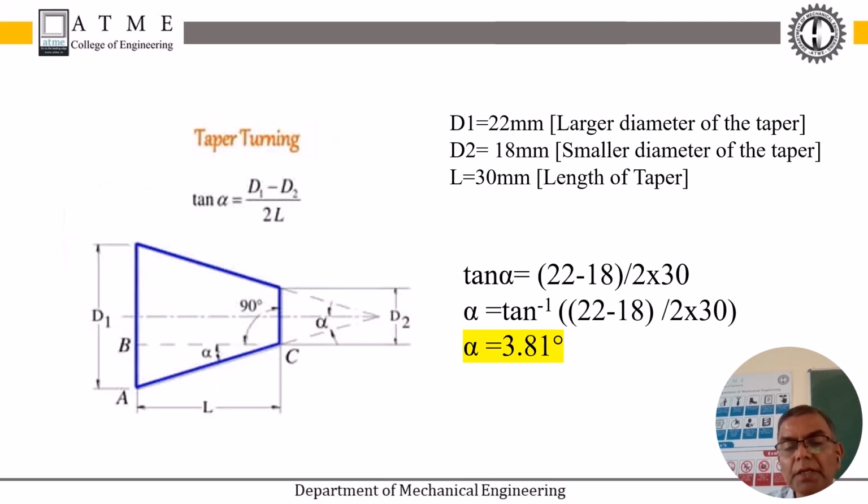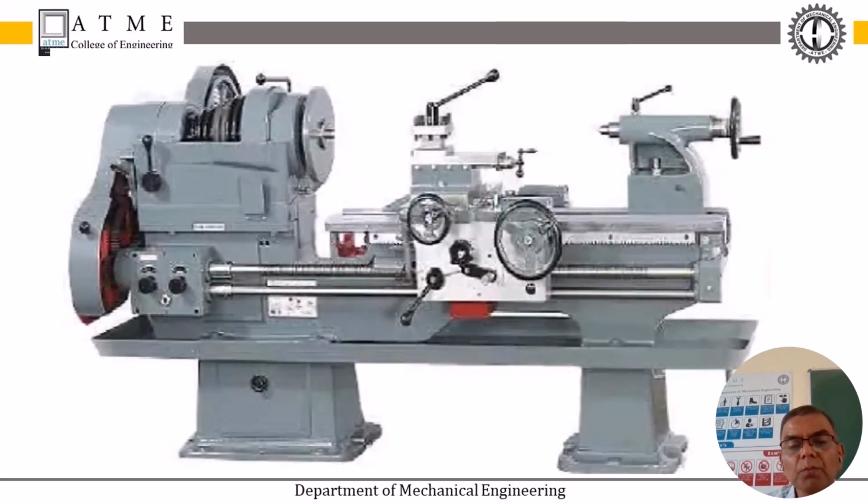Since we are getting 3.81, let us take the higher value, alpha equal to 4 degrees, and swivel the compound rest to 4 degrees. Now let us move on to the workshop to see how to carry out the taper turning operation by the swiveling compound rest method.